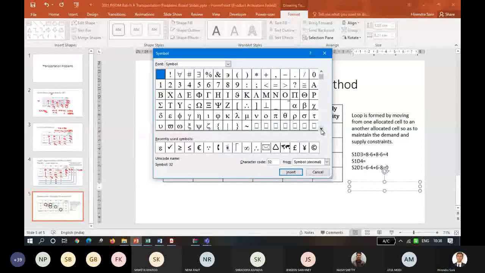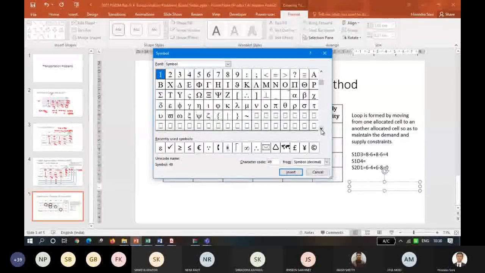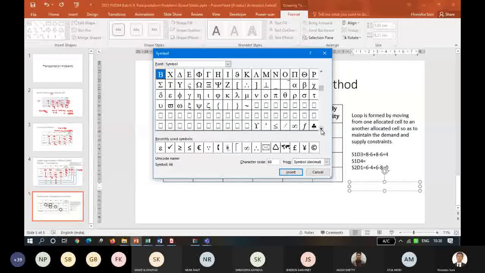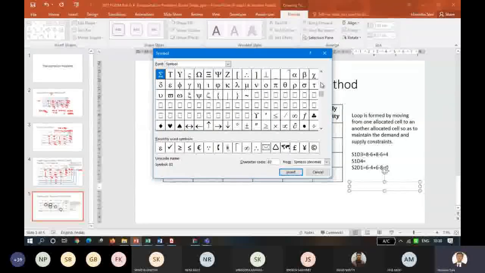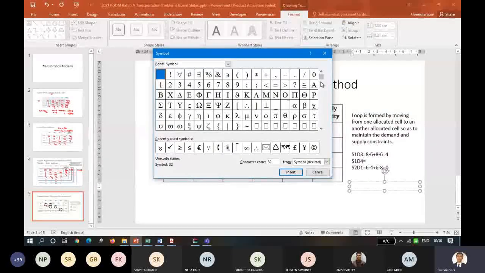Just a minute. I'm not able to find the exact symbol of epsilon. It is showing the inverted epsilon. Okay, we'll use this only.